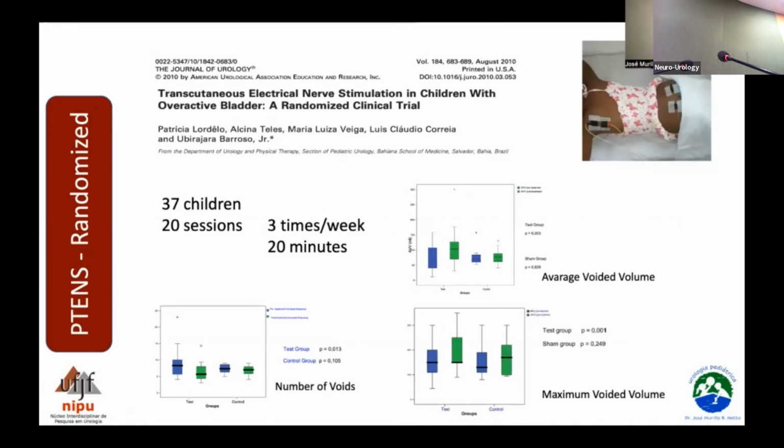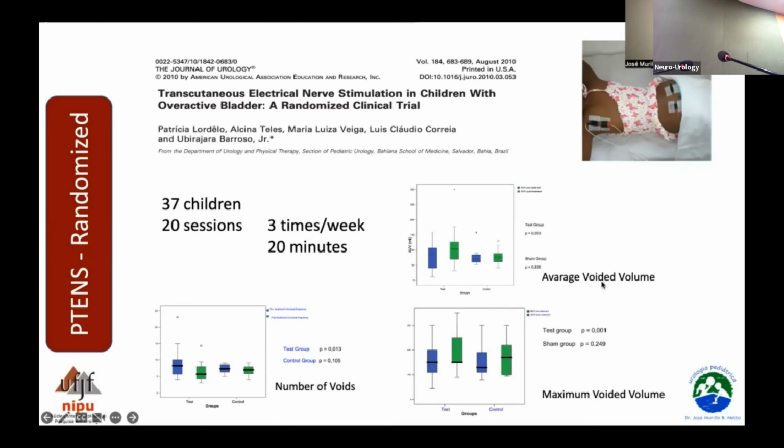So this is probably the first randomized trial comparing parasacral TENS with placebo. It was done also by the group of Salvador, Bahia. And what they did, they got 37 children, did 20 sessions 3 times a week for 20 minutes, and they got improvement, with the number of voids reduced.